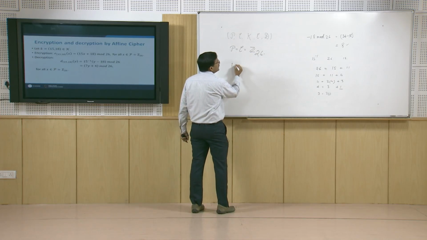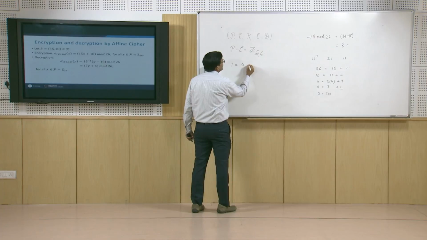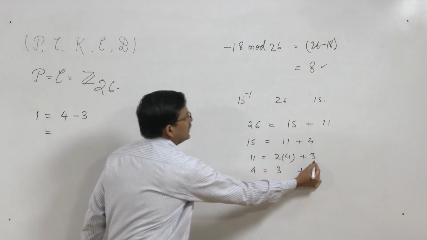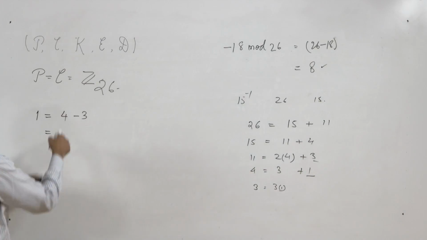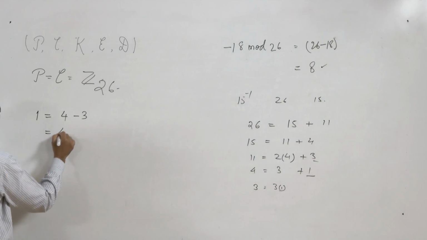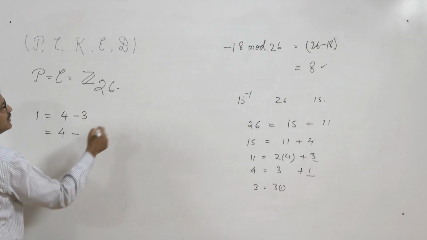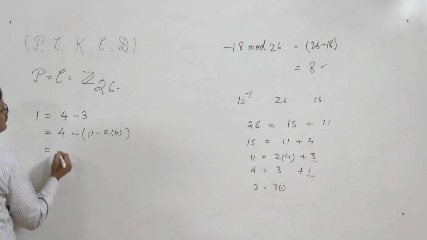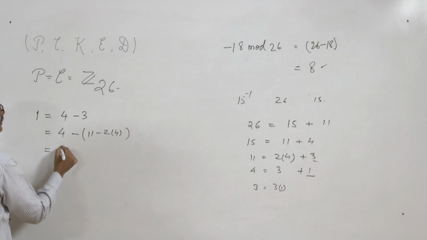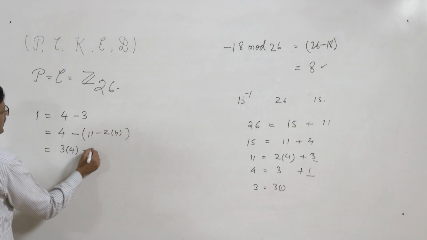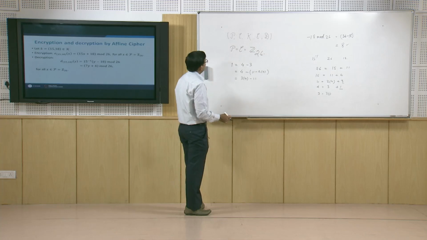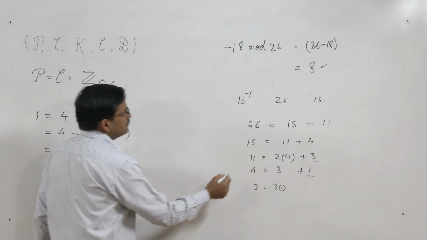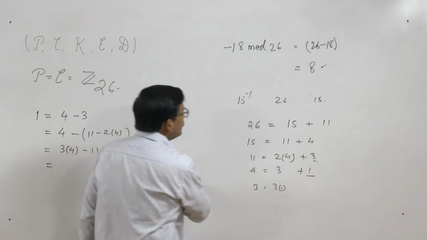So, we know that 1 is equal to 4 minus 3, and then 3 is over here. We put the value of 3 here. So, 3 is 11 minus 2 into 4, which gives me 3 times 4 minus 11 is 1, of course that is true, and then we have come up to 4 again.